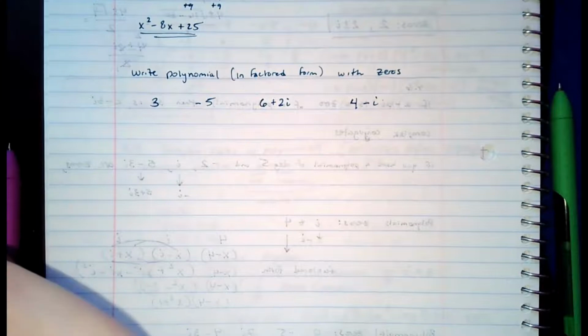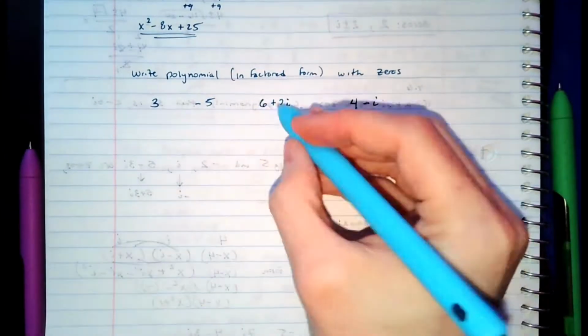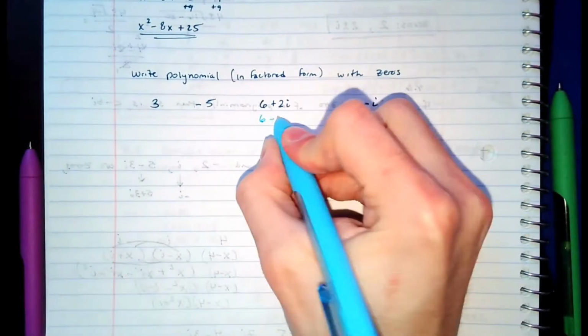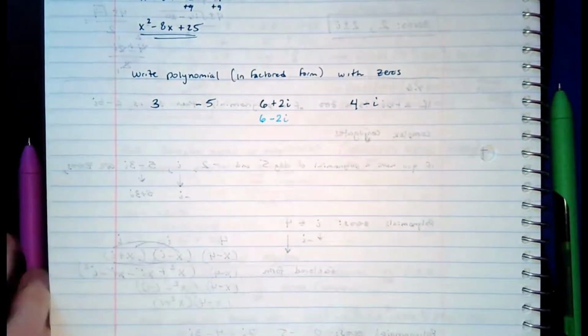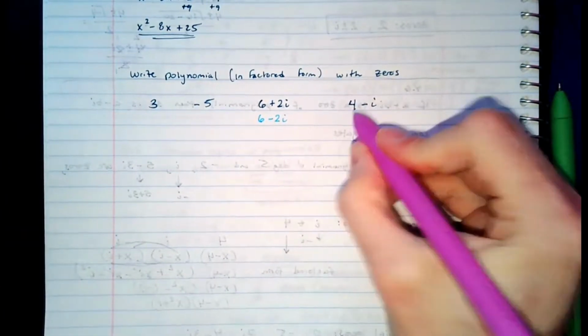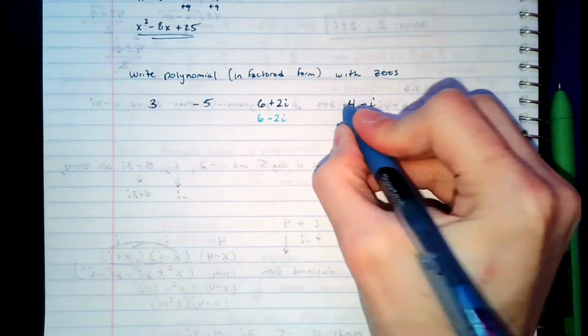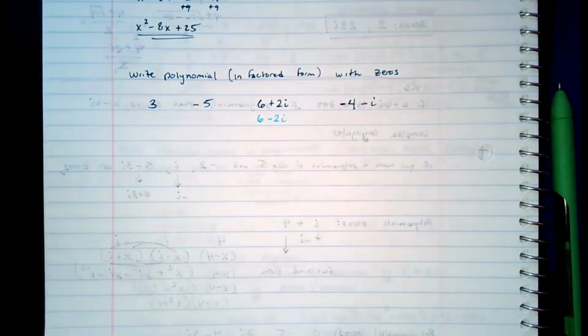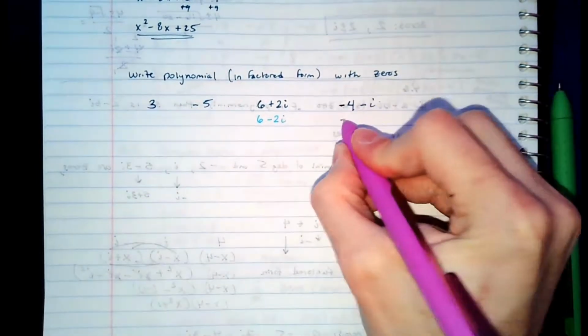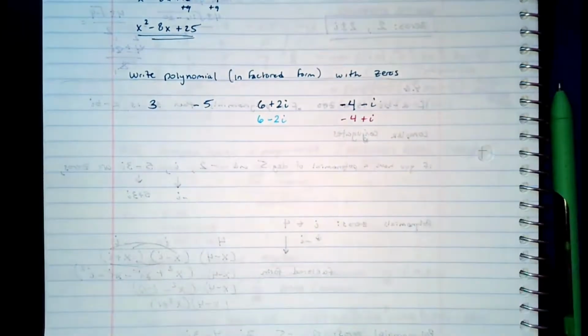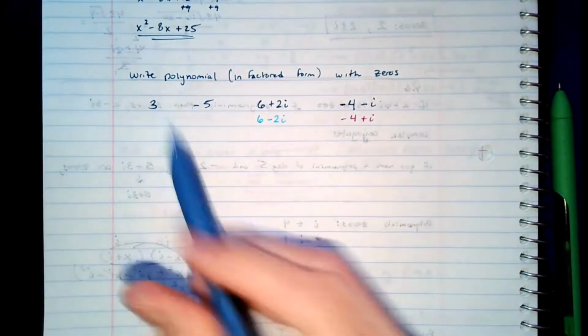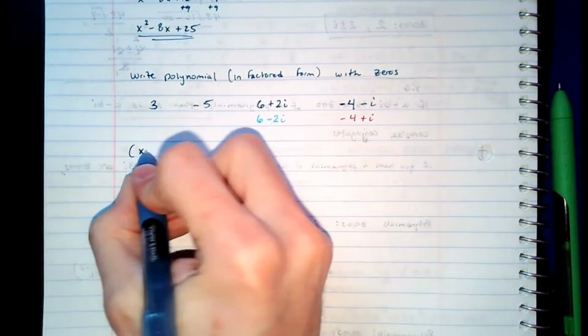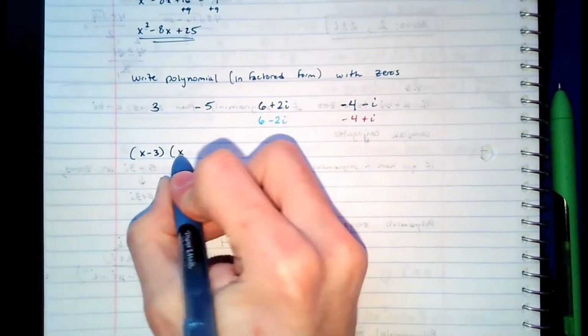So the first thing you have to think about is if 6 plus 2i is a zero, so is 6 minus 2i. Actually, I'm sorry, I'm changing my mind. Let's do negative 4. If negative 4 minus i is a zero, then negative 4 plus i is a zero. The factor that would give us a zero of 3 is x minus 3 and x plus 5.